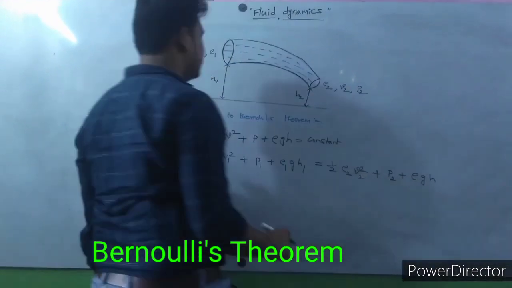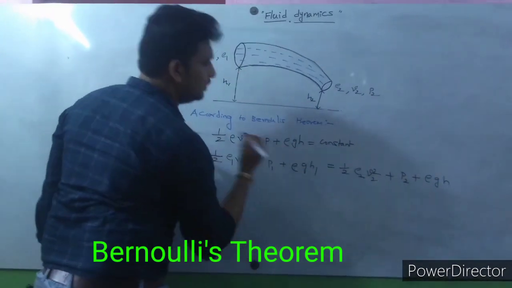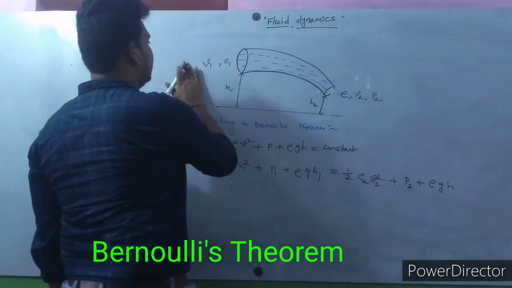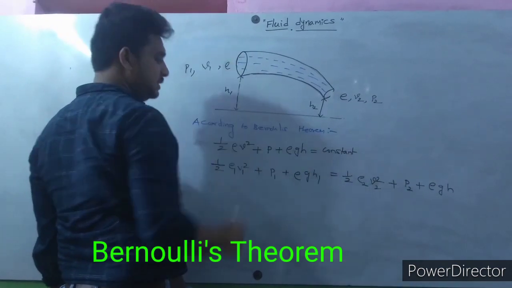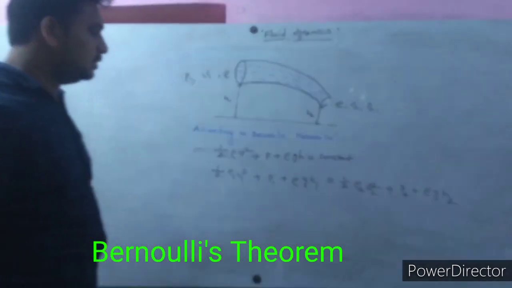Here the density of the fluid is the same. If I consider the density of the fluid to be the same, then we get rho g into h2.